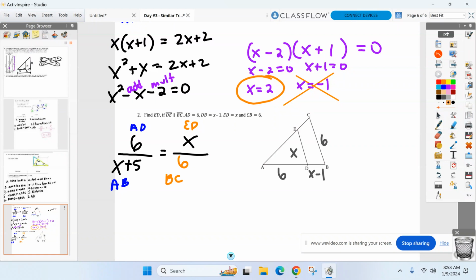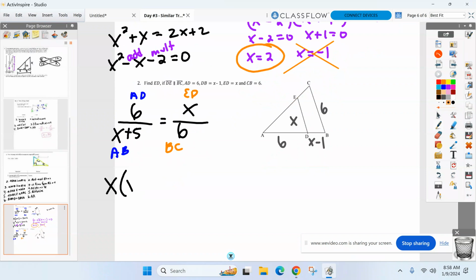All right, on you guys now to solve this. And then look at your answers at the end.